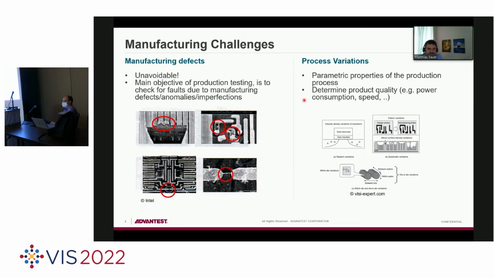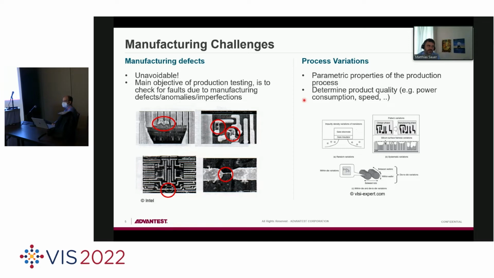So this is quite subtle to find out, but also this is the job of test. For instance, if you buy a processor from Intel or AMD, you get a speed grade, and depending on the variations of this device, the vendor is selling it for 2 gigahertz or 2.2 or whatever kind of speed grade.